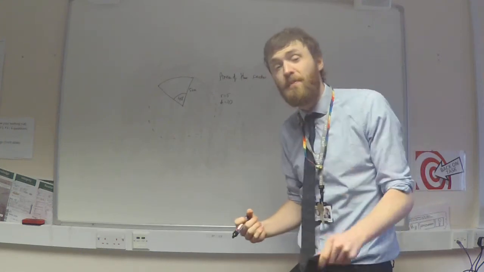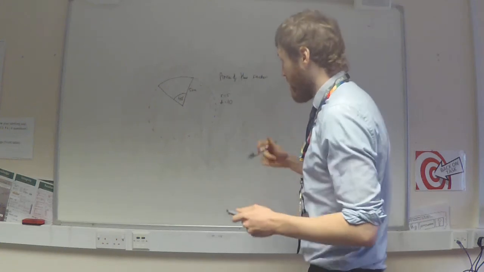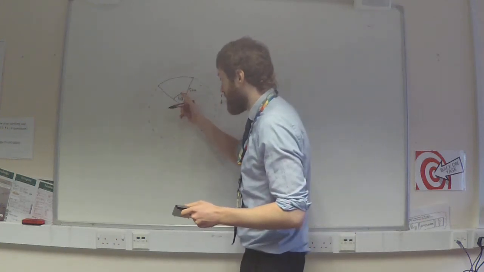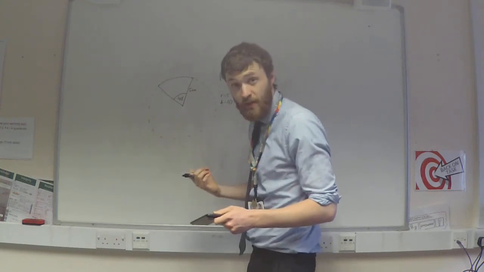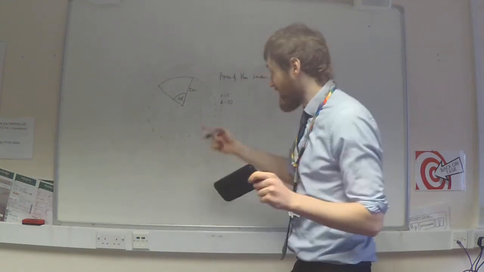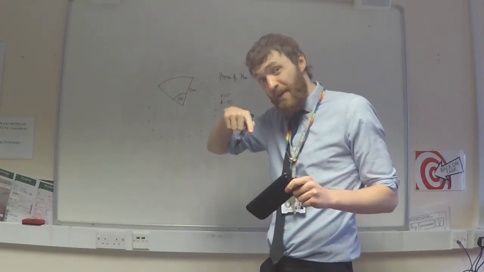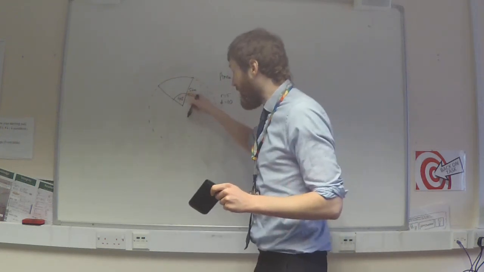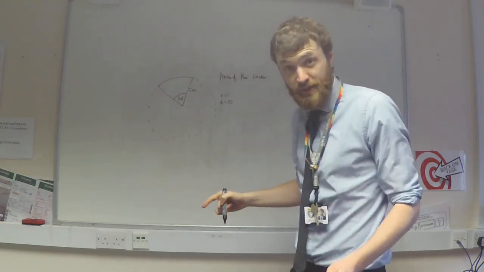But you must do something before in this case. So we look and we say, well 40 degrees is what this is here for our sector. But what we must recognise is that if it was a full circle, how many degrees would that be all the way around here? Be 360 degrees.